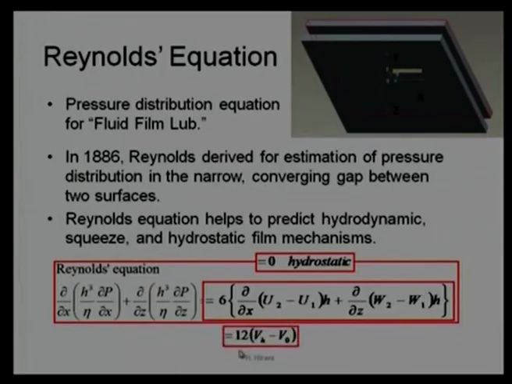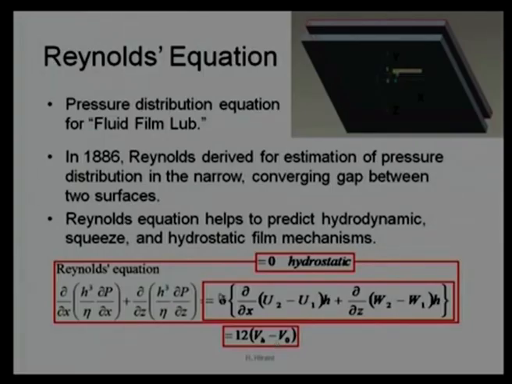The last one is the squeeze film, where the source term is in the y direction, while for hydrodynamic we were neglecting it, for squeeze film action we consider it.